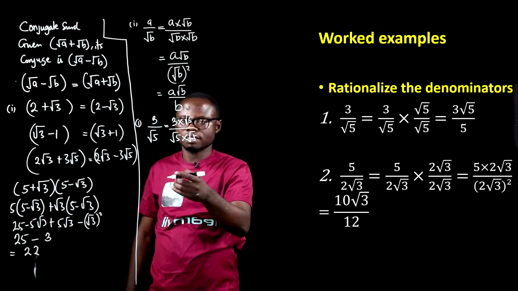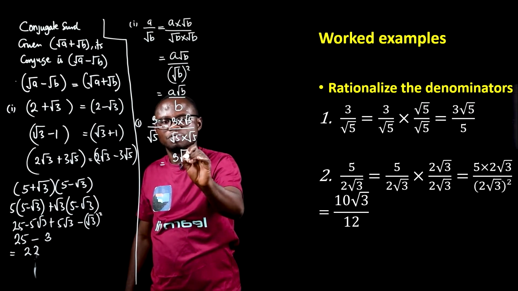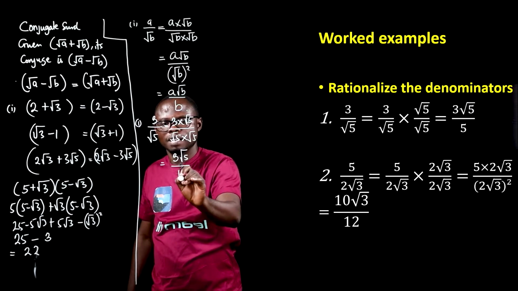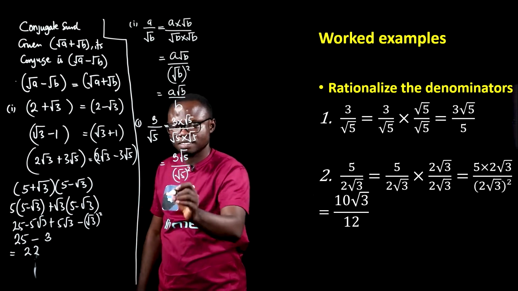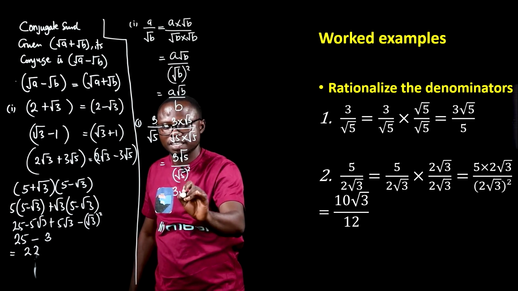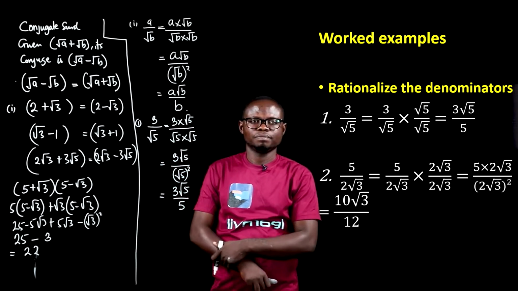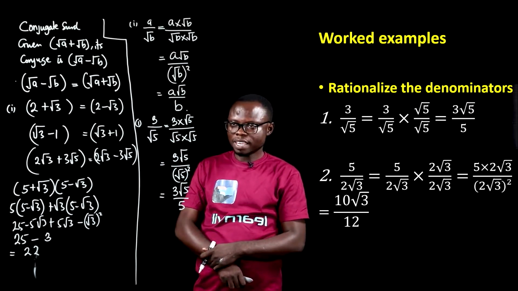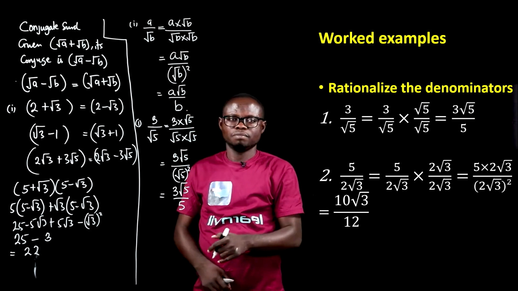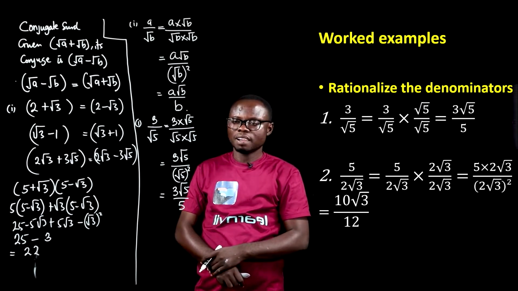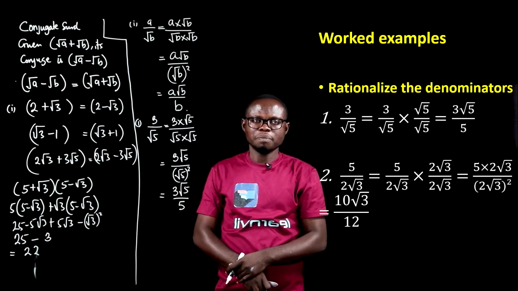We simplify to have 3 root 5 over root 5 squared. And finally, we get 3 root 5 over 5. Remember again, initially, the denominator was root 5, a surd, an irrational number. Finally, it has become 5, a rational number.